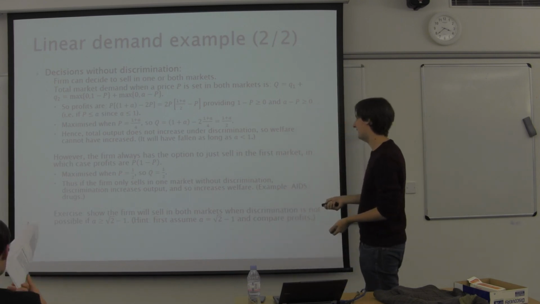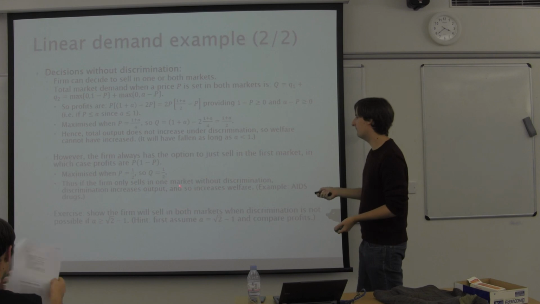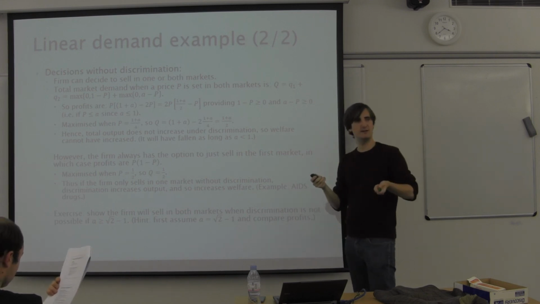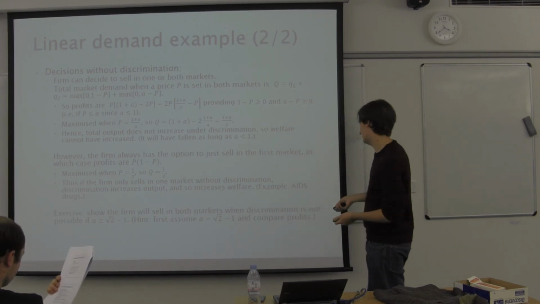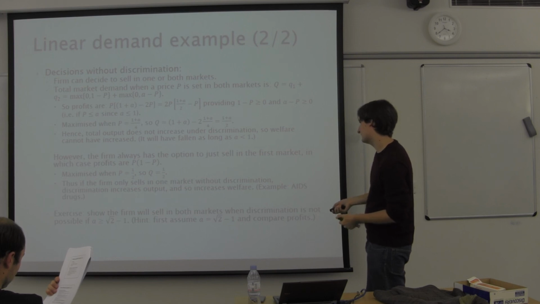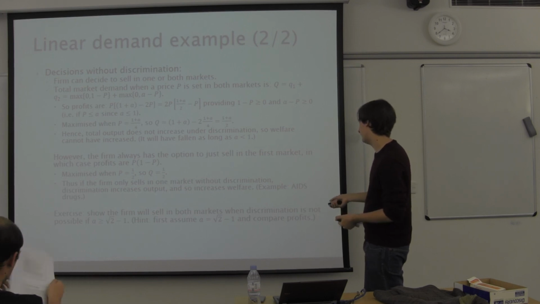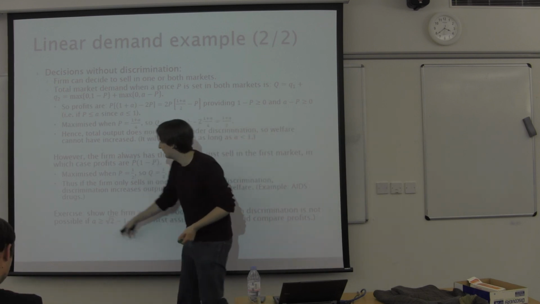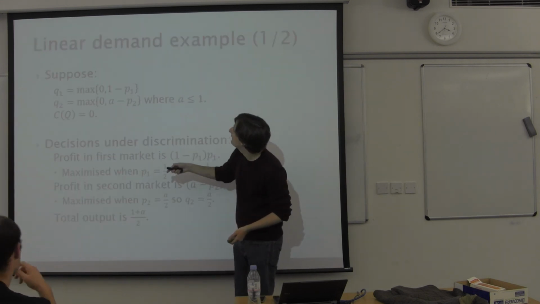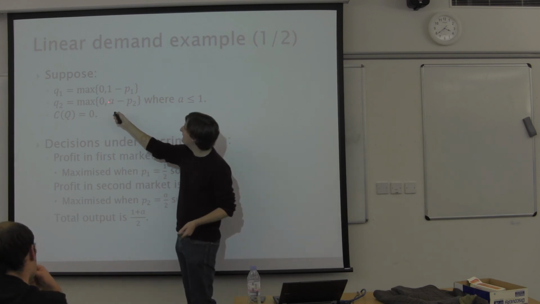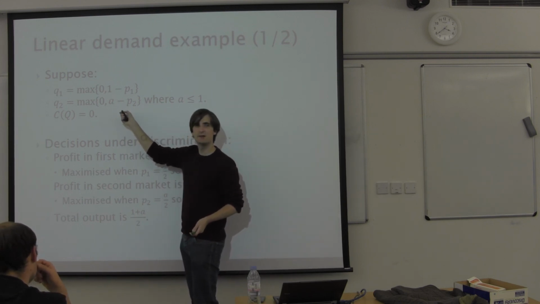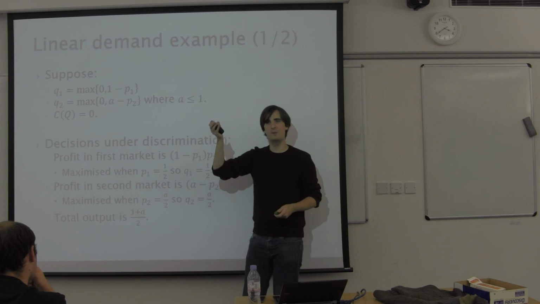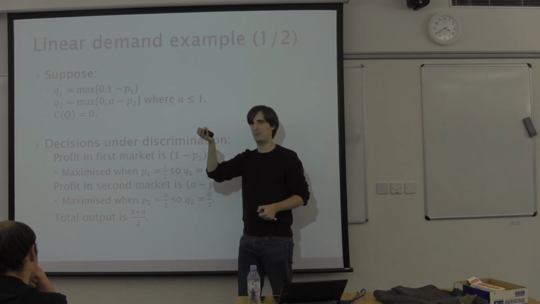And there's an exercise here about when the firm will choose to sell in both markets. A firm will sell in both markets when discrimination is not possible if A is bigger than some constant. So if the low value types have quite high demand, then the firm chooses to sell in both markets without price discrimination.